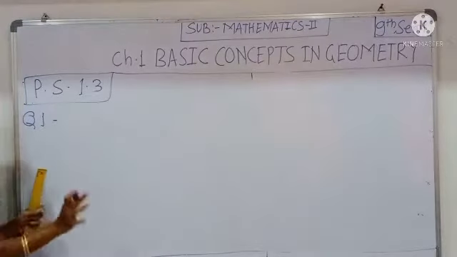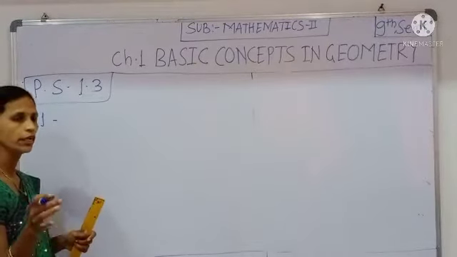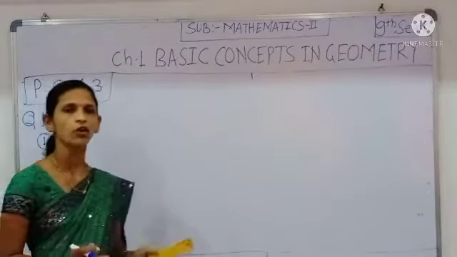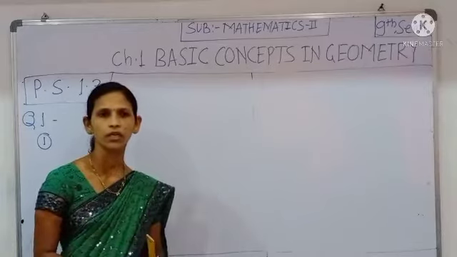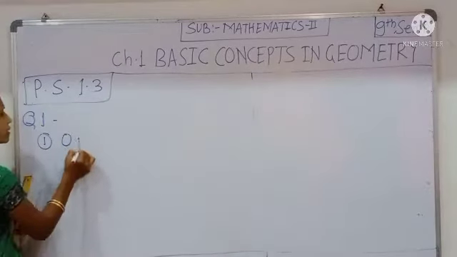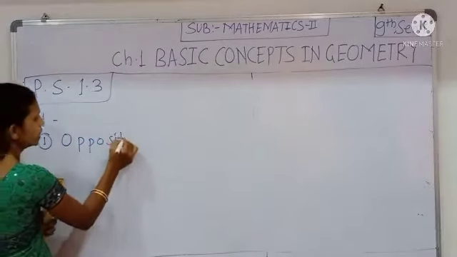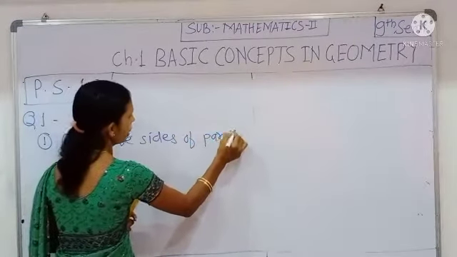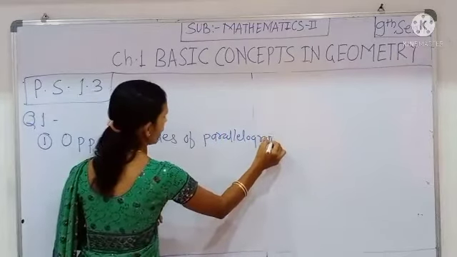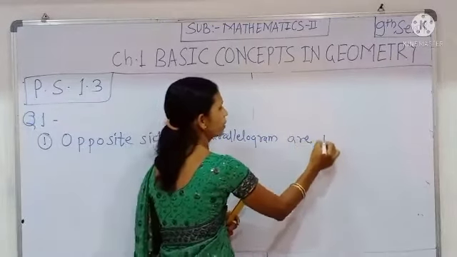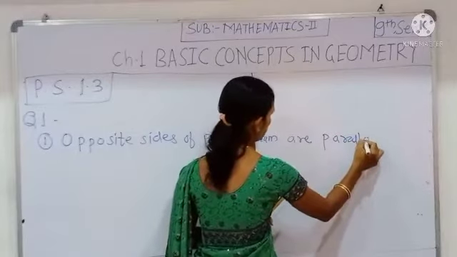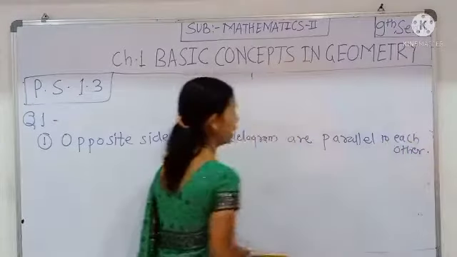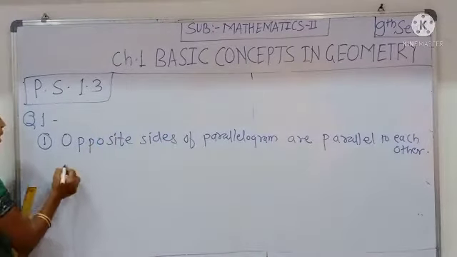The first statement which is given here is: opposite sides of a parallelogram are parallel to each other. Then we have to write this statement using if and then.